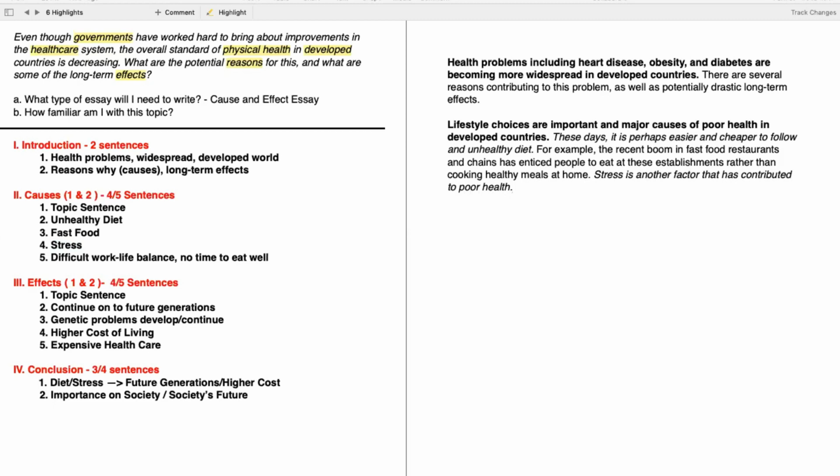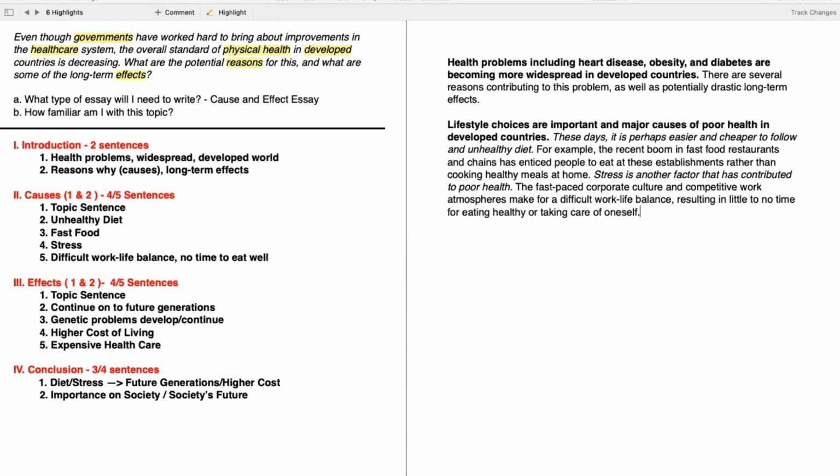Now I'm going to give an example, and I'll say something like the fast-paced corporate culture, okay, and competitive work atmospheres make for a difficult work-life balance, which is something that I wrote here as well in my outline. And I'll say resulting in little to no time for eating healthy or taking care of oneself.